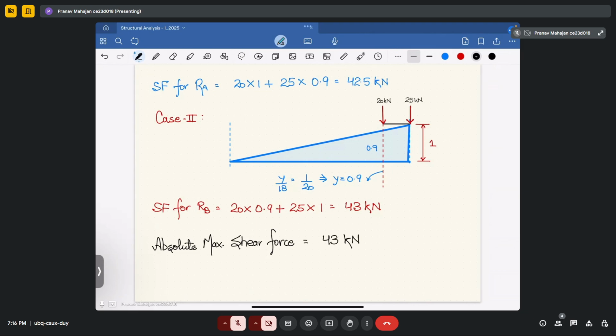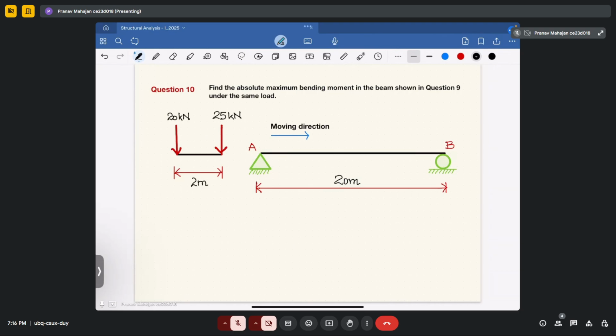Now let's solve one more problem. In this case, instead of finding the maximum shear force, you have to determine the absolute maximum bending moment. So to get the absolute bending moment, we have to place the load in such a way that the center of the beam will be equidistant from the load CG and the nearest maximum load.